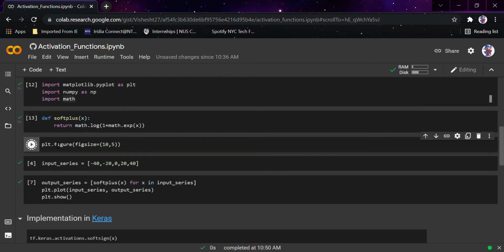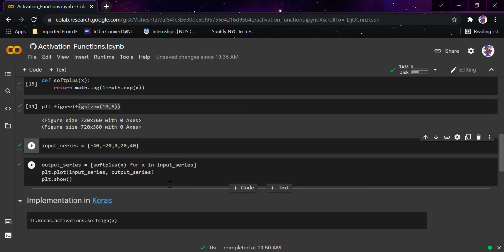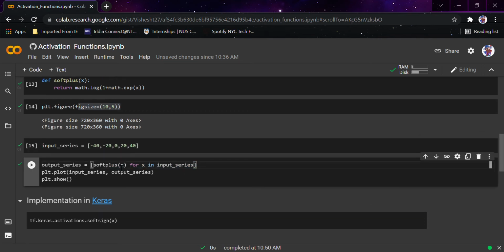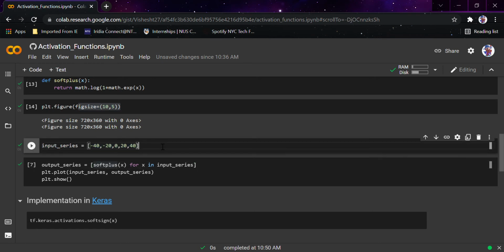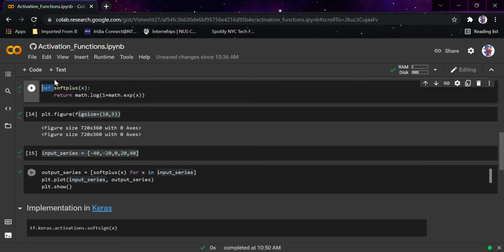Now we would define the figure size. The input series is going to be minus 40, minus 20, 0, 20, 40. And this is going to be the output series, where every element inside the input series is going to be put in the output series using the defined SoftPlus function.